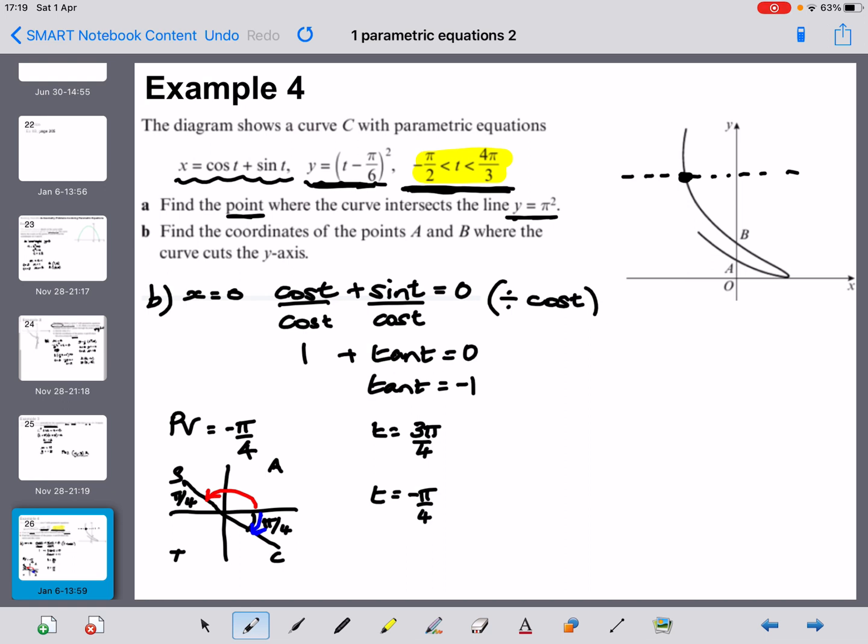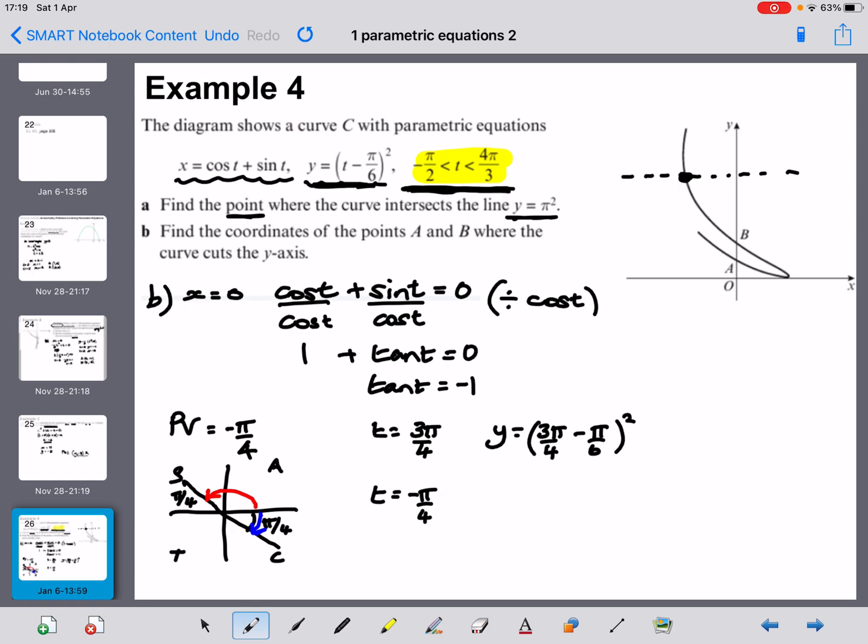So we know x is 0, so now we just need to work out the value of y at the two different parameters. So I'm just going to substitute 3π/4 into my y parametric. So y equals 3π/4 minus π/6, squared.